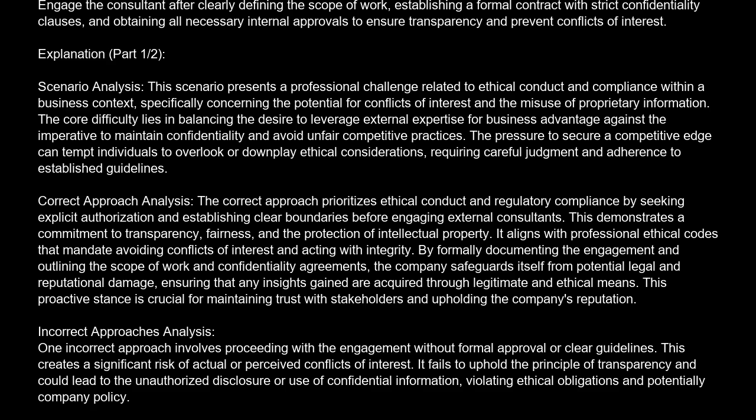One incorrect approach involves proceeding with the engagement without formal approval or clear guidelines. This creates a significant risk of actual or perceived conflicts of interest. It fails to uphold the principle of transparency and could lead to the unauthorized disclosure or use of confidential information, violating ethical obligations and potentially company policy.